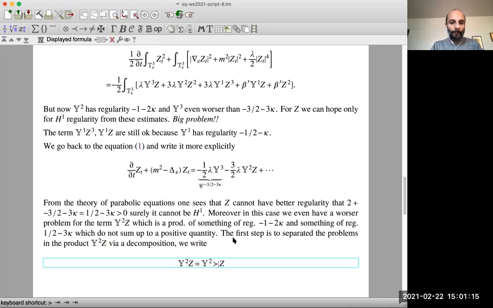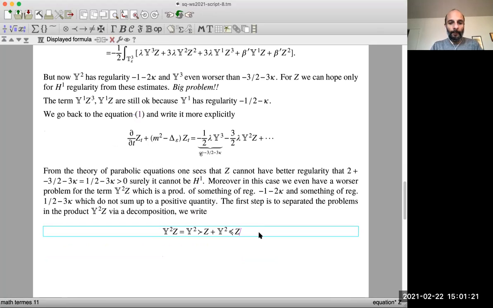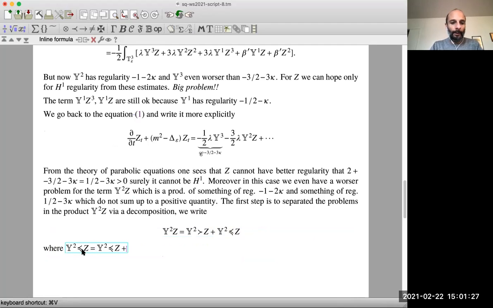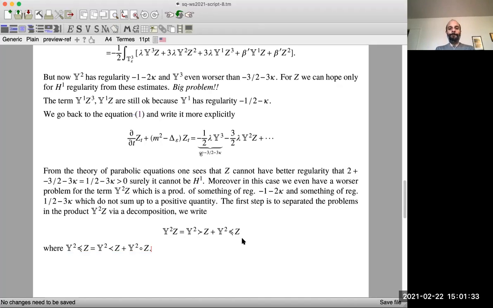You rewrite it as a paraproduct, and what remains. So what remains, I use this notation for what remains, where this is just the sum of the other paraproduct and the resonant term, okay? So resonant term and other paraproduct. I hope the notation is meaningful to you.